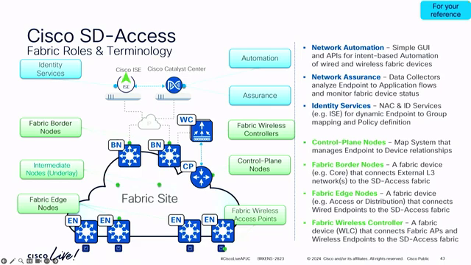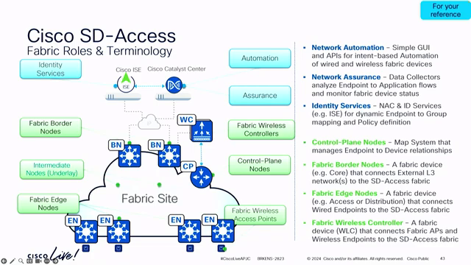Then within the fabric, we have edge nodes, border nodes, control plane nodes, and optionally wireless also, because pretty much we all are doing wireless. Here, the edge node is pretty simple. That's where your users and devices are connected. Then we have the border node, which provides outside world connectivity or connectivity to another fabric, because you may be building multiple fabrics in multiple locations if you're a large customer.